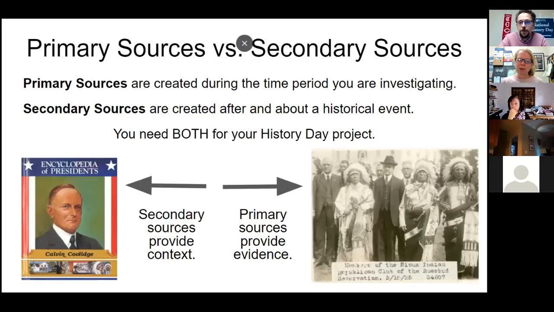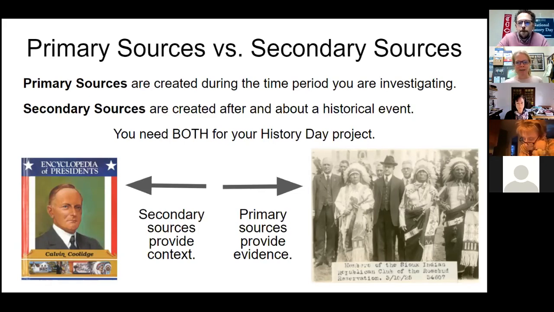All right, so primary sources come up a lot because History Day challenges students to use primary sources for research as part of the History Day process. Primary sources can be tricky, but they are good in conjunction with secondary sources. If students just use primary sources, that doesn't work.